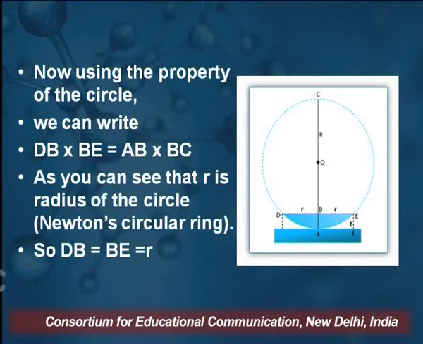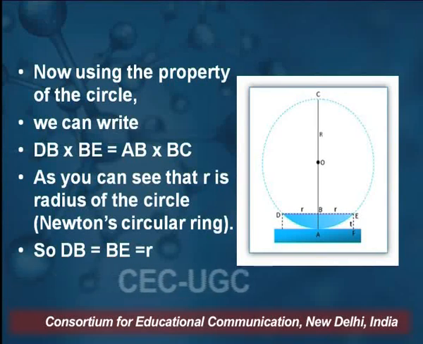This circle, represented by the blue line, is the circle of the plano-convex lens, and by using the property of the circle we can write the left-hand side, DB into BE, is equal to AB into BC. That is the formula: DB into BE is equal to AB into BC.